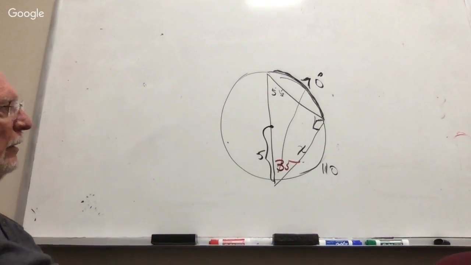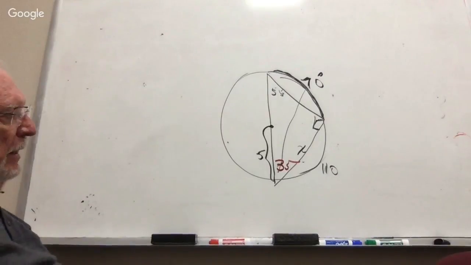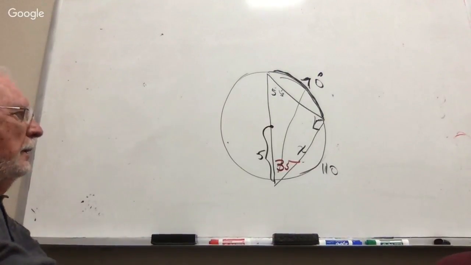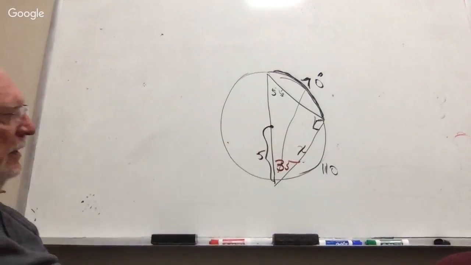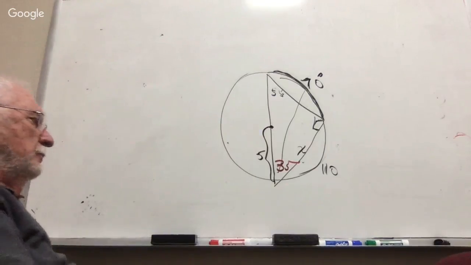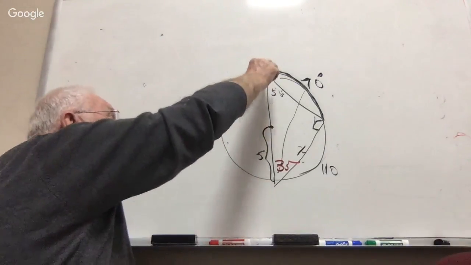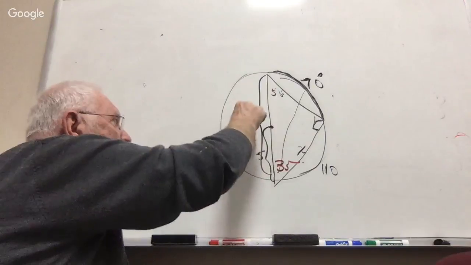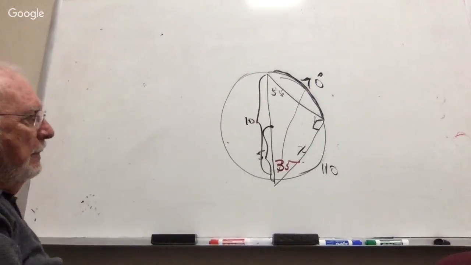We know what all the angles are. Can we use a piece of trig to find the length of that side? Wouldn't we have to have another angle to use, or another side to use SOHCAHTOA? Well, we've got it, don't we? Because this whole part here is 10.